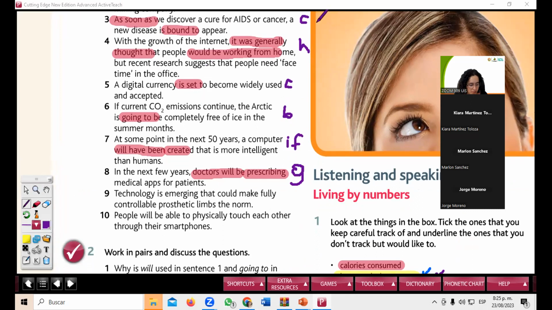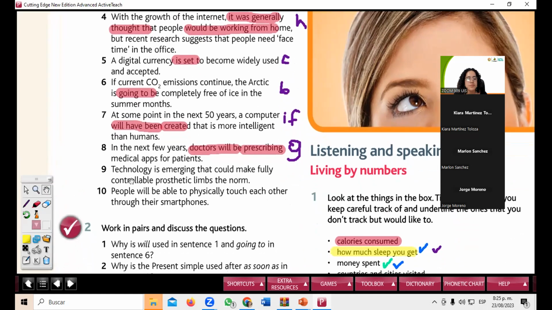Karen, for number 9, please. Is emerging that could make fully controllable prosthetic limbs the norm. What is the answer?